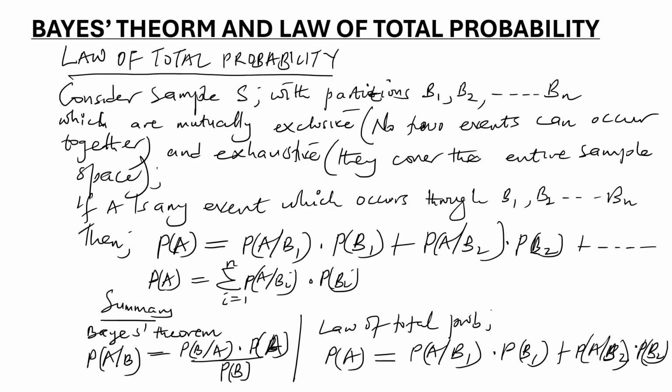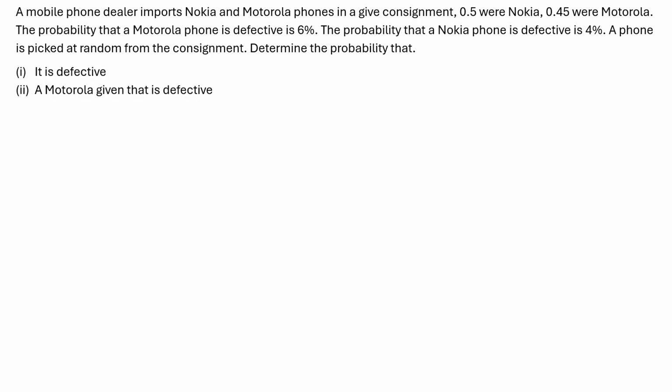Let's dive into examples. In these two examples, we are going to use both the theorems or laws and also the tree diagram, since this can also be done using the tree diagram. Let's now look at this first example. Solution.